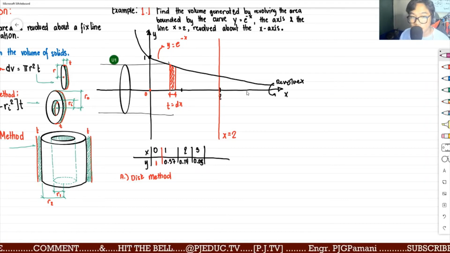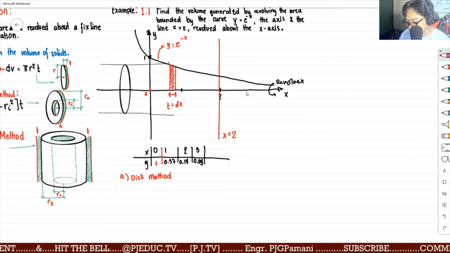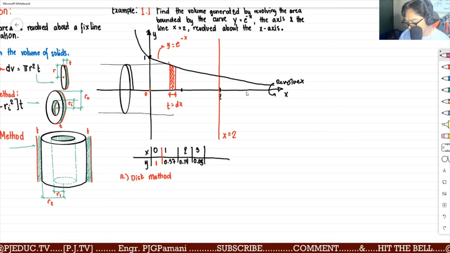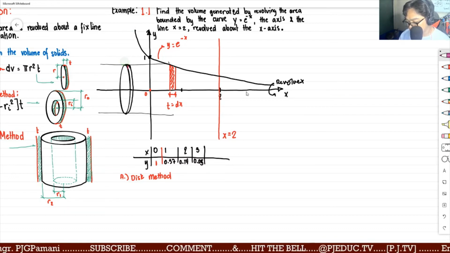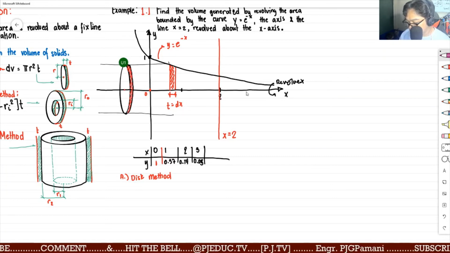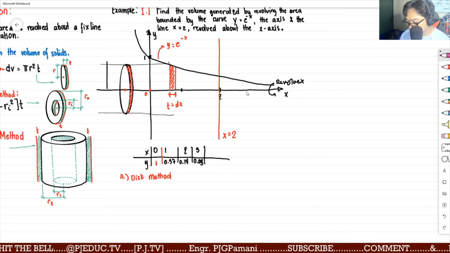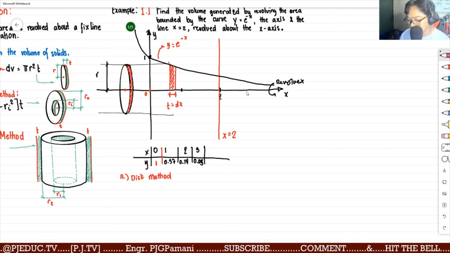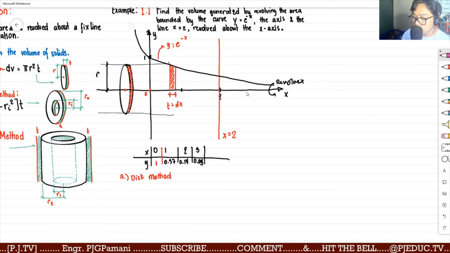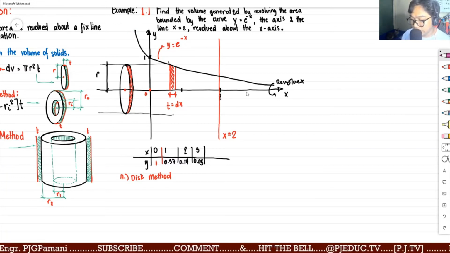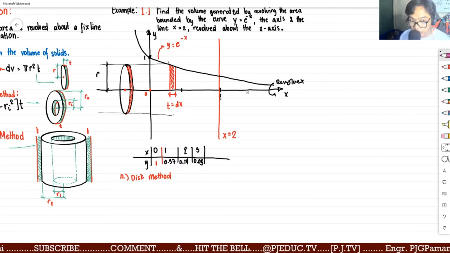Okay, that is our disc, which has a differential thickness dx here. Okay. Then ano yung kailangan natin na isa? The radius r.